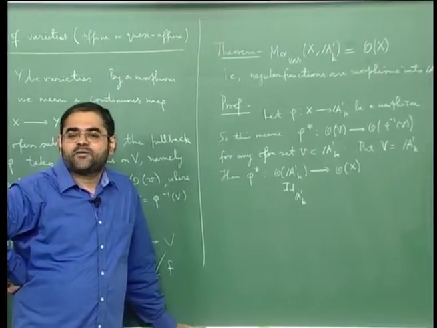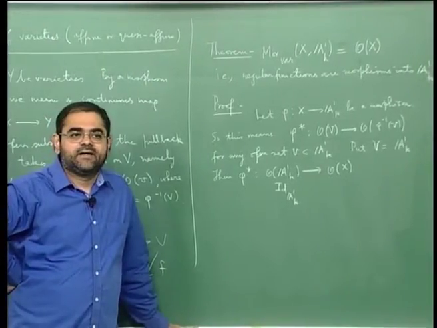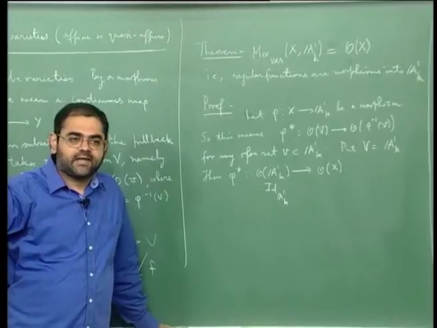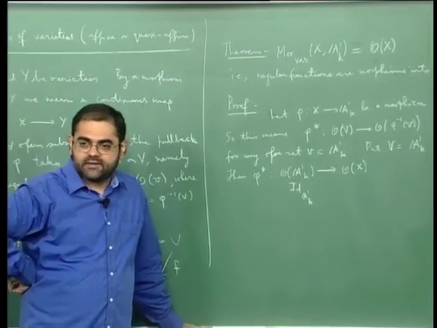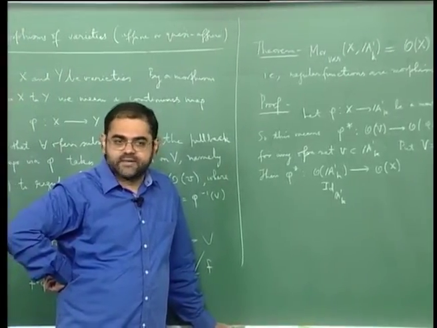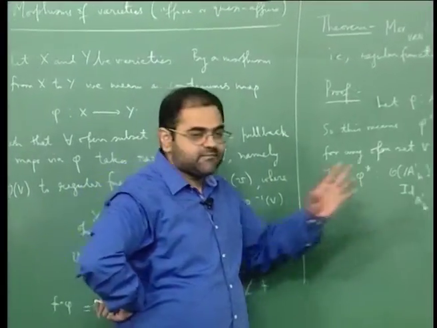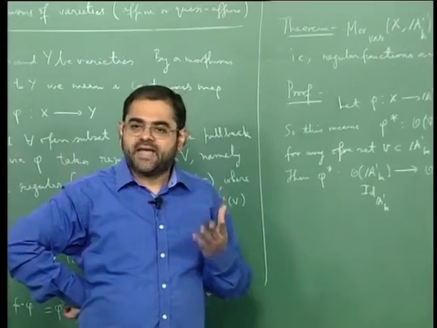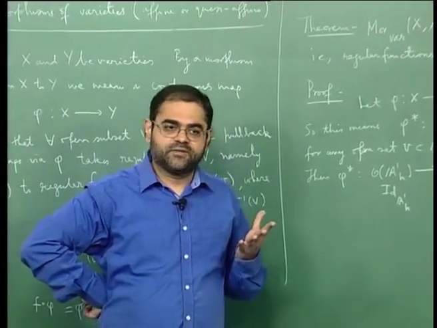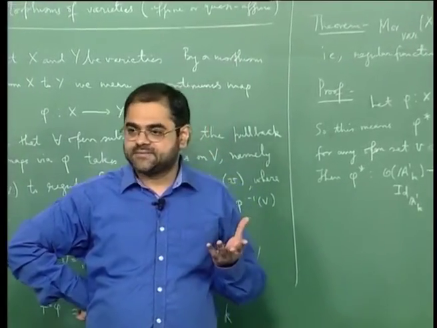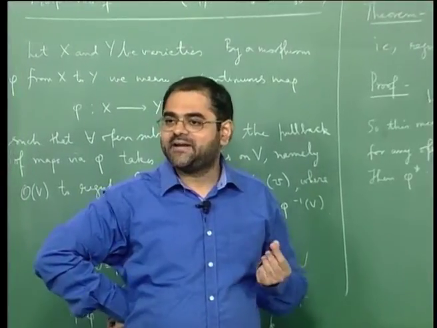The identity map on A1 is a map that sends every point of A1 to itself, namely every point of K to itself. And O of A1, if you want, is A of A1, the ring of functions on A1, which is K[x]. What does the identity map correspond to?